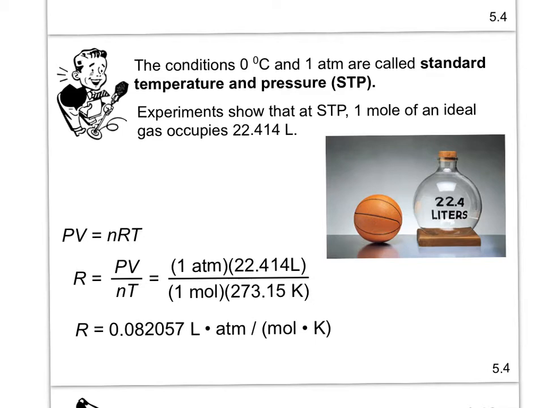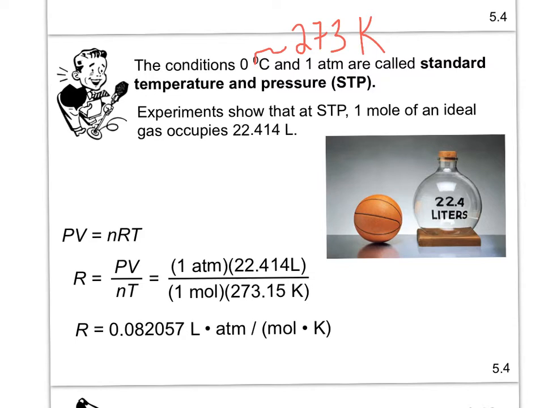Standard temperature and pressure, abbreviated STP, is 0 degrees Celsius, which is 273 Kelvin, and 1 atmospheric pressure. So if a problem refers to STP, you know it refers to this specific temperature and pressure combination.